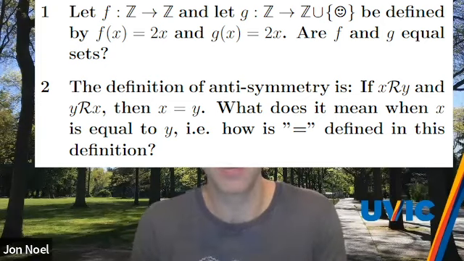If x and y are functions, we would say that they're equal as functions, which means they have the same domain, the same codomain, and every element of the domain has the same image under the two functions. So generally speaking, the equality in the definition of antisymmetry means whatever is the appropriate notion of equality for the types of objects that you're dealing with.